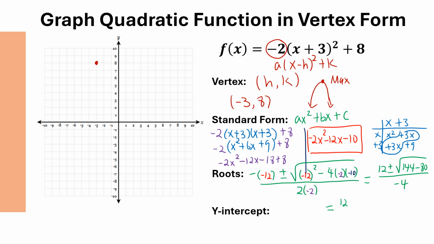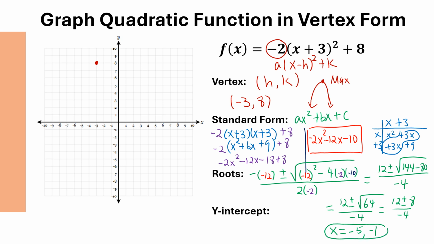So we have 12 plus or minus square root of 144 minus 80 is 64 over negative 4. And I can simplify square root of 64. So that's going to give me 8 over negative 4. So therefore my roots are 12 plus 8 is 20 divided by negative 4. So that's negative 5. 12 minus 8 is 4, divided by negative 4 is negative 1.